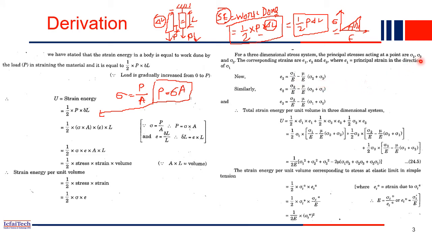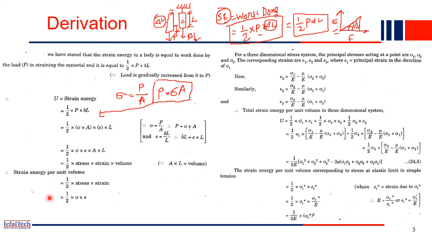Three principal stresses, sigma 1, sigma 2, sigma 3, and corresponding three principal strains, epsilon 1, epsilon 2, epsilon 3. We can write the three epsilons in terms of principal stresses. Epsilon 1 equals sigma 1, and so on, as we derived in the last class. Similarly for three directions, three strains we have derived.